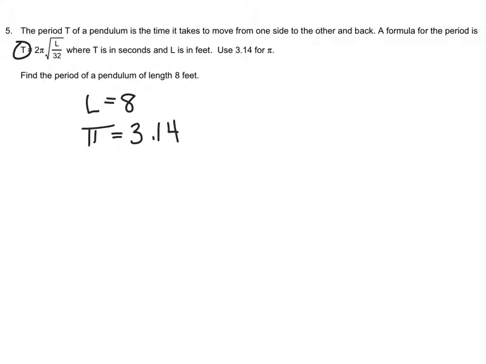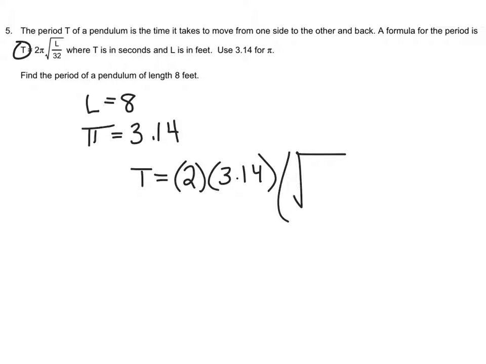I have t equals 2 times 3.14 times the square root of 8 divided by 32. And my final answer is going to be a decimal answer.